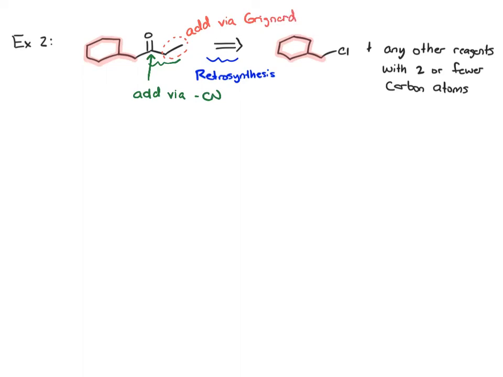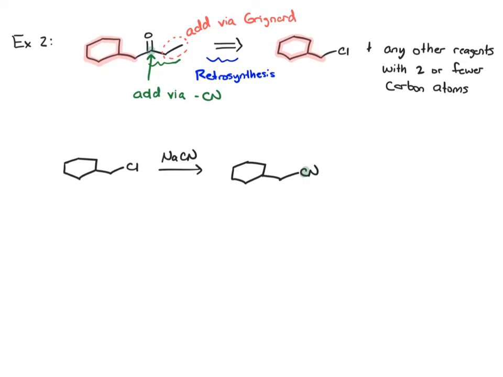So working this in the forward direction, start with my organohalide, add NaCN, and that adds, I've now incorporated the cyano group. Then from there, now we want this carbon to be this ketone carbon.